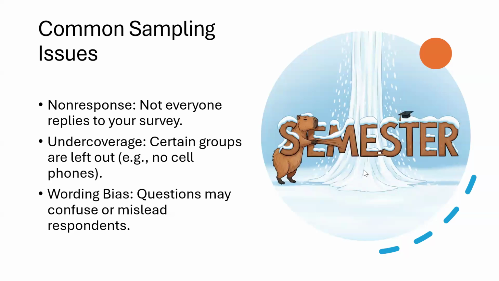For example, surveying only students on campus would exclude commuters. Wording bias refers to the fact that how you ask questions matters. Do you agree with the disastrous decision to extend the semester? Well, that's biased wording. These issues distort the data and can be more damaging than small sample sizes.